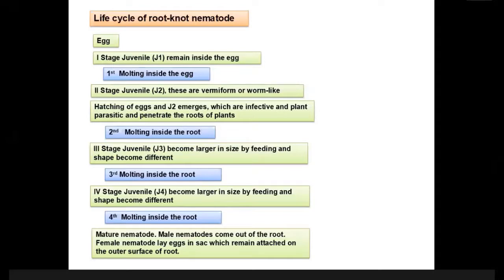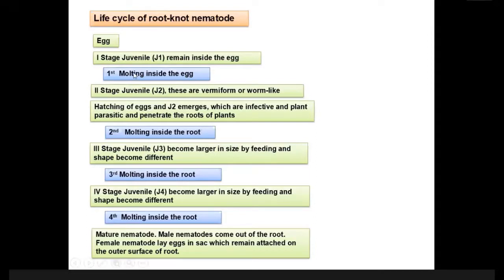What is molting? Any idea? What is molting of insect? The shedding of the outer covering. Yes, in this case also the same. You can see here the nematode sheds off its old skin, and there will be internal development, and afterward the outer surface of the nematode is shed off and the new nematode comes out.